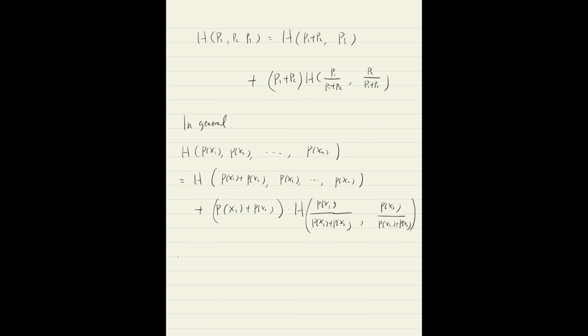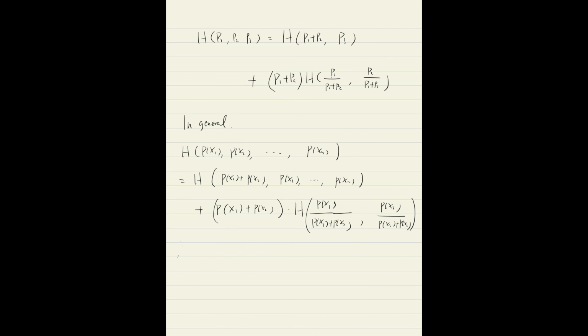H(Px1 plus Px2), and if we do not change the other terms, Px3 until PxN, right? So this will equal to this, and then plus when Px1 and Px2, either of them happens, multiplied by the probability of the rest. The rest is the same, right?